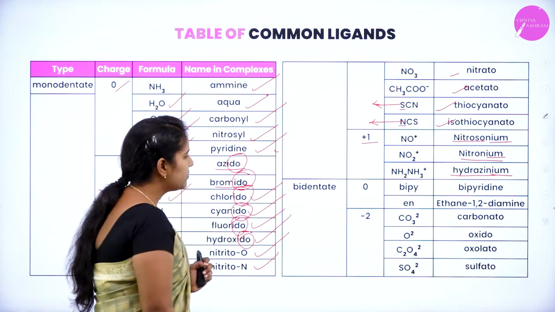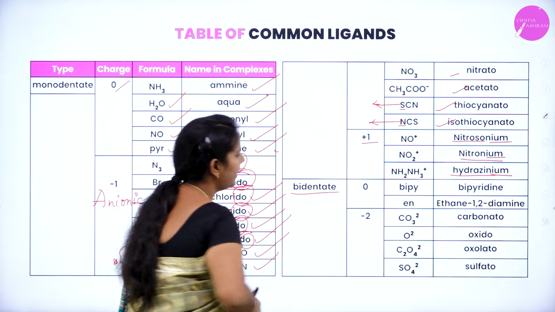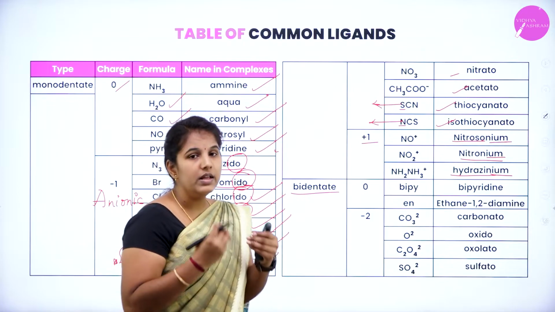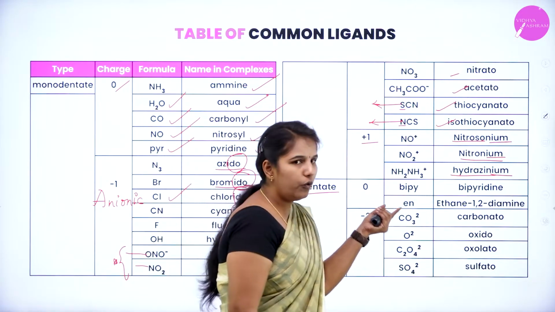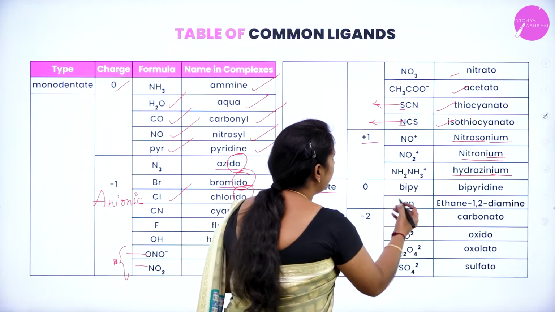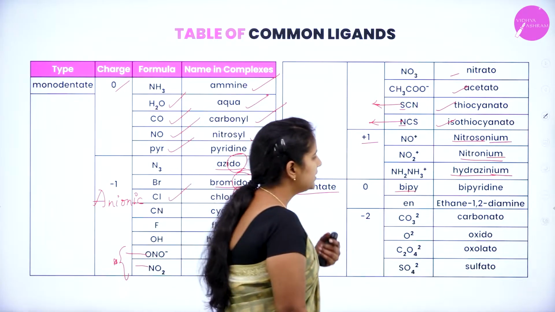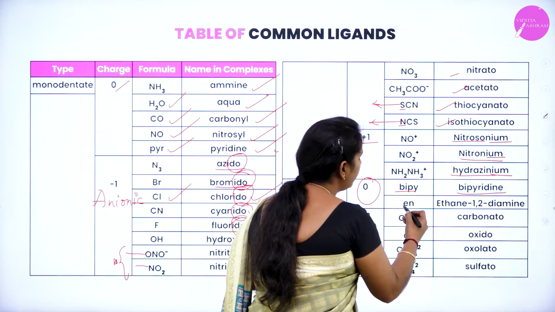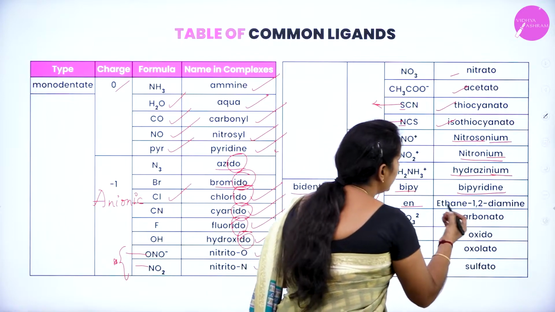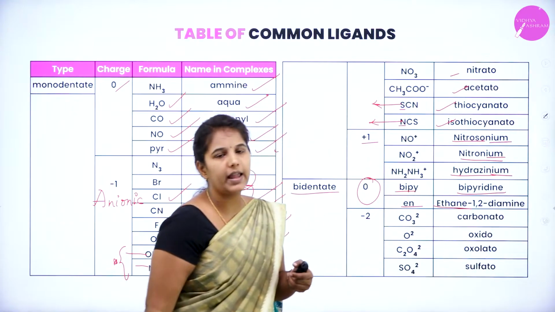Okay. Next, we have bidentate ligands. They are of two types. Among the bidentate ligands which carry neutral charge, we have two examples: bipyridine, which carries 0 charge, and en, which represents ethane 1,2 diamine.